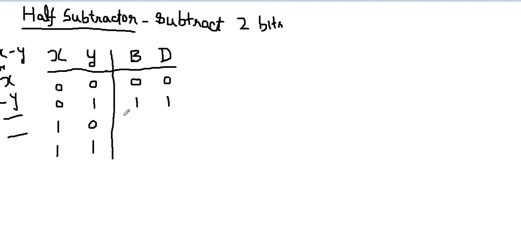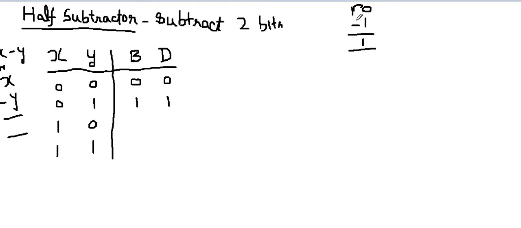This can be quite confusing, so let's understand this point: x is 0 and y is 1. The 1 will be there as the difference, but the borrow that I have written is also 1. Why have I written borrow as 1? Because suppose there are some more digits here, then in that case we have to take the borrow.